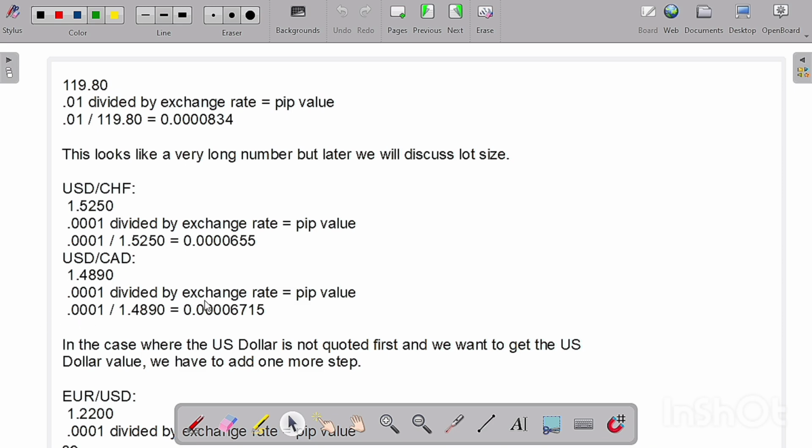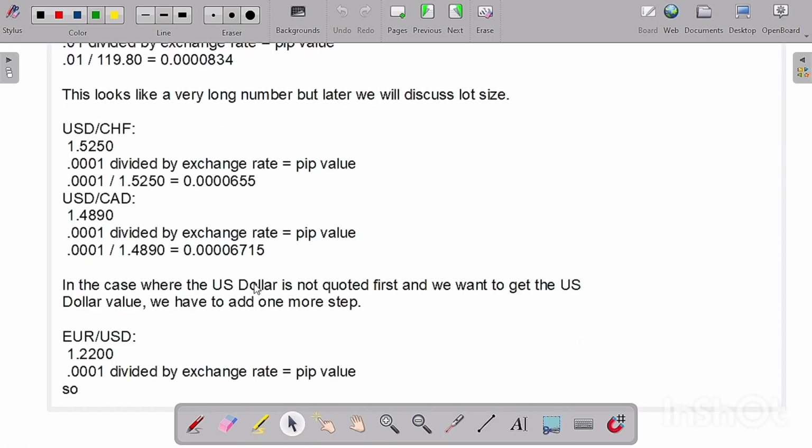This is the formula and this is the practicality of it. Using your calculator, if you take 0.0001 and divide by 1.4890, you'll get 6.715 and a lot of numbers, but don't worry about them. They will be very simple when we mix with money.